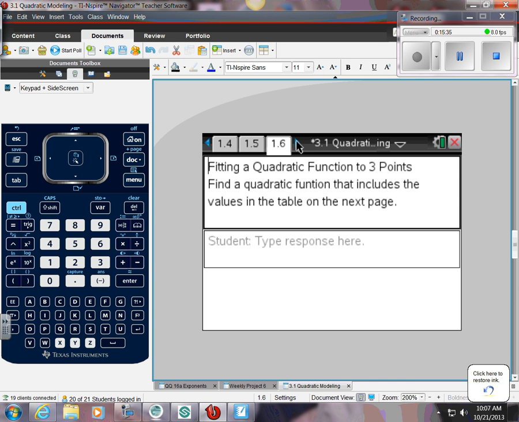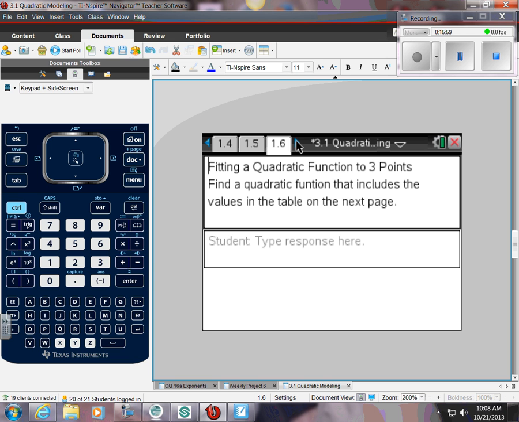All right, so let's talk about quadratic modeling. If I have 3 points, I want to find a quadratic function that includes those values, okay? So on the next page, you're going to find a table with those 3 points. Generally speaking, what do we do with a table if we wanted an equation to match it? We made a scatter plot, great. And then what did we do with that scatter plot?